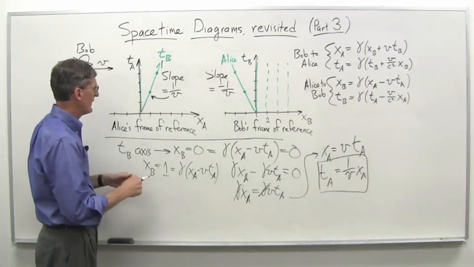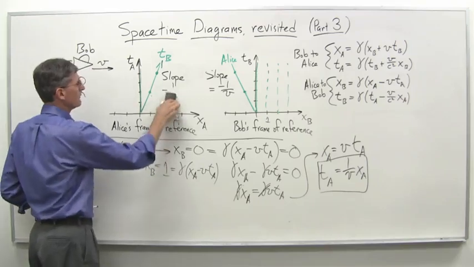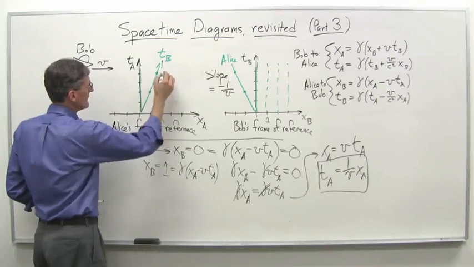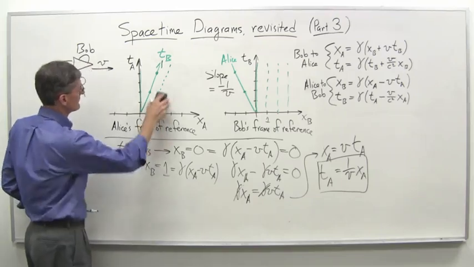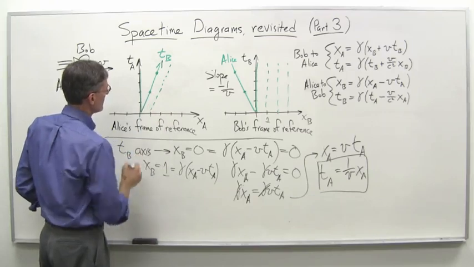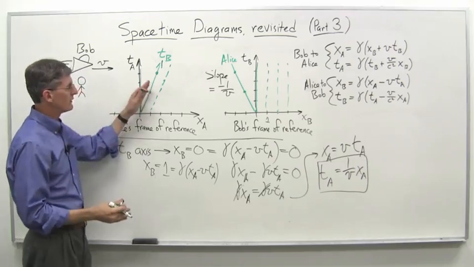What we'd find is a line something like this. Let's get rid of the slope part now. We've seen that. Let's get it a little straighter than that. Something like that.